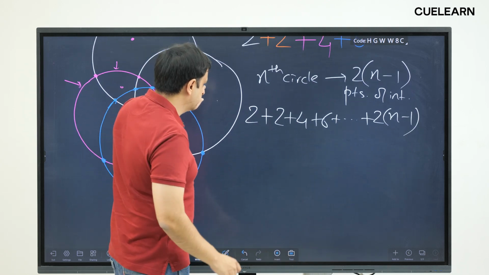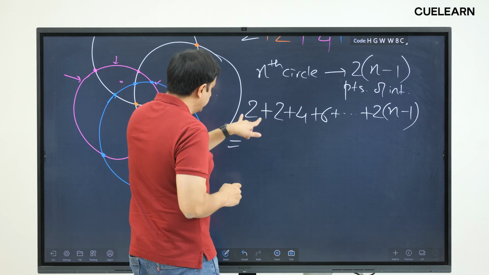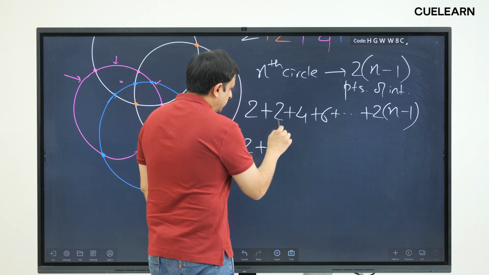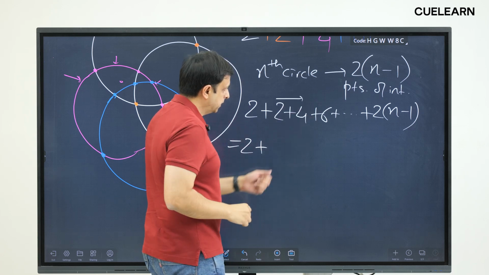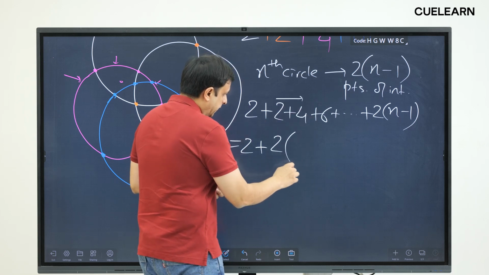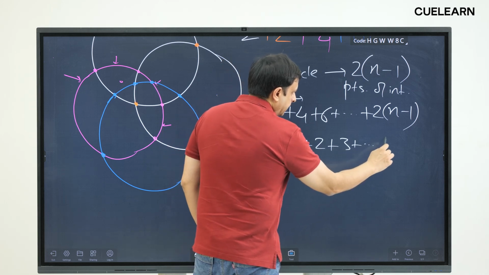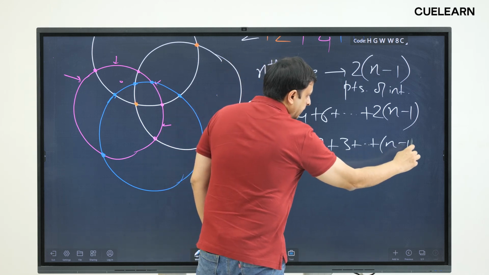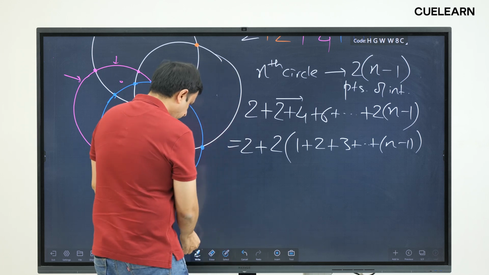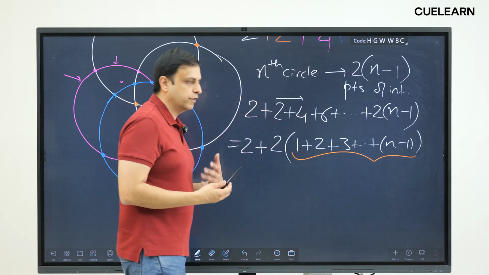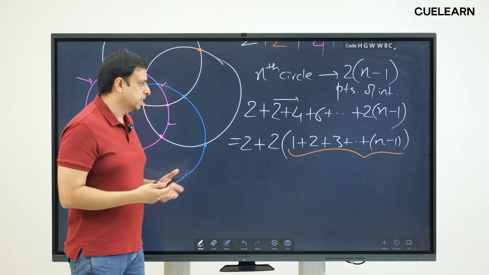So how do we sum this series? Well, I can leave this 2 alone for a minute, and from this 2 onward, I just factor out a 2 common. So I get 2 times 1 plus 2 plus 3 up till n minus 1. And now I realize that this here is nothing but the sum of the first n minus 1 natural numbers.